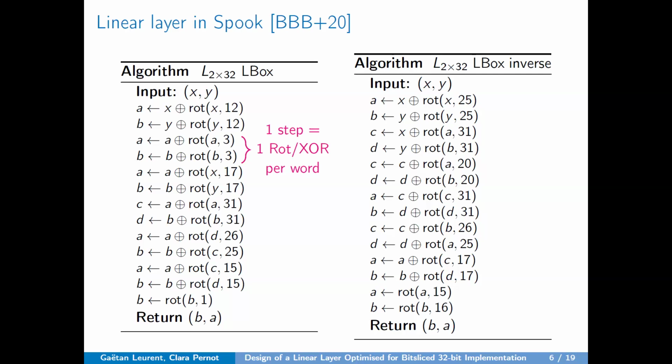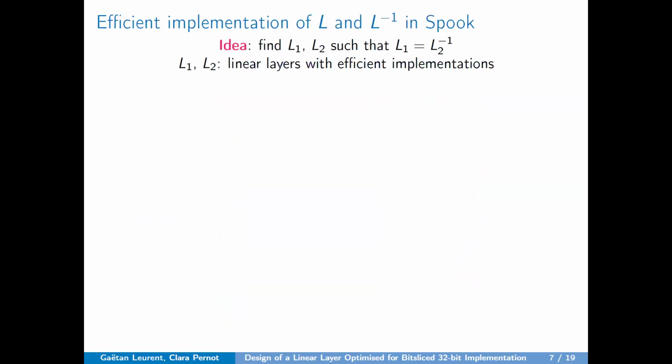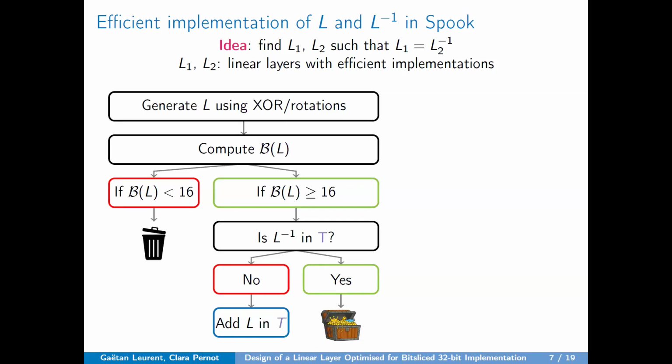So how did the designers of Spook manage to obtain simultaneously an efficient implementation of the L-box and its inverse? They use an algorithm, and the general idea of this algorithm is to find 2 linear layers L1 and L2, such that L1 is equal to the inverse of L2, with L1 and L2 linear layers that have an efficient implementation. So to find such linear layers, they proceed like that. First, they generate some linear layer using 6 steps of rotation and XOR. Then they compute their branch number.